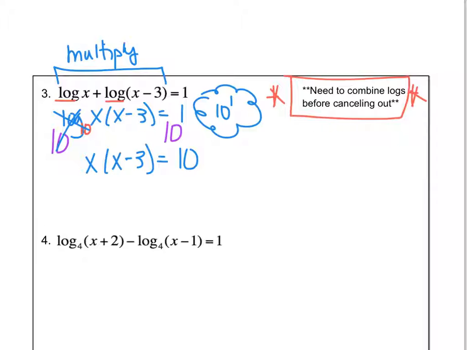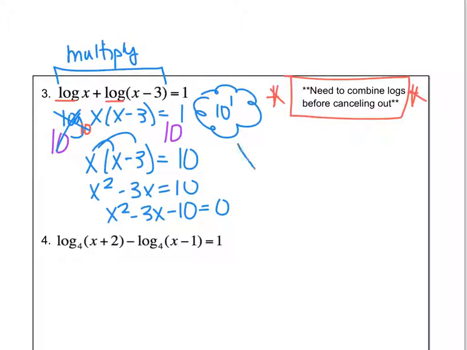Then you have to work on solving this. So we have to distribute first. X squared minus 3x equals 10. Subtract the 10. We're going to get x squared minus 3x minus 10 equal to 0. Then hopefully your brain is telling you have to factor. We're looking for factors of negative 10 that add to negative 3.